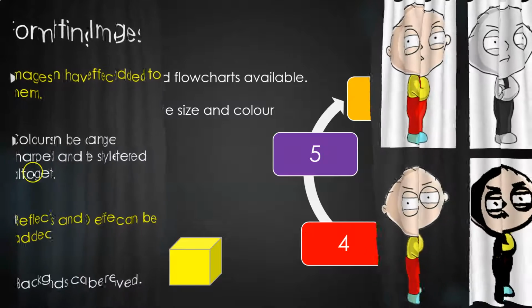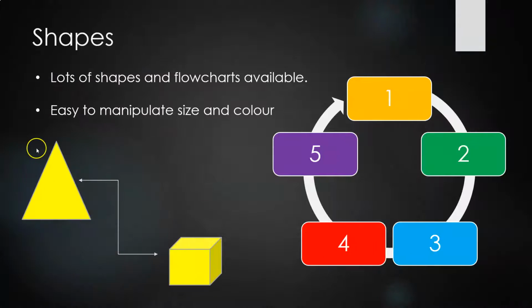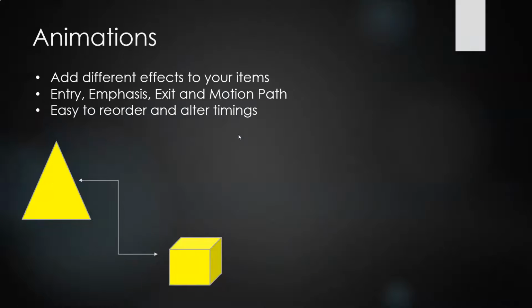Another transition, that's the curtain opening transition. You can use shapes, insert shapes for your PowerPoint to make certain information more visually appealing. You can manipulate size, the color, and I'll just show you here. We click again.